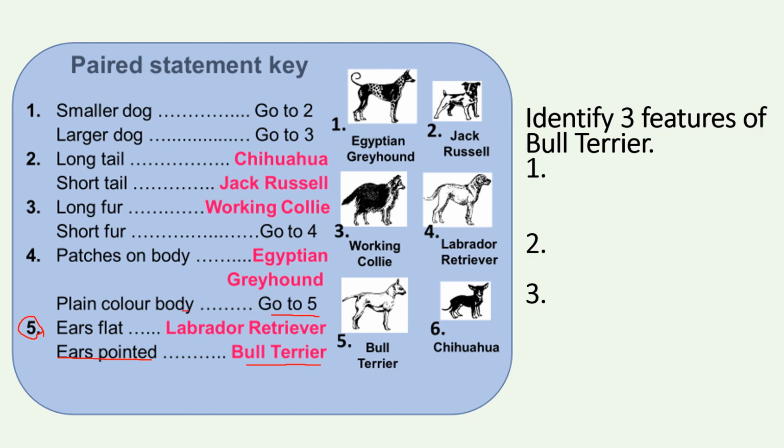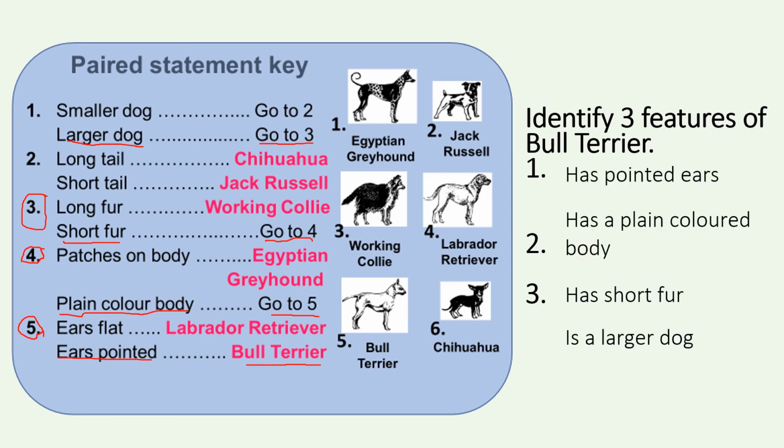So it's got a plain coloured body, and to get there we would have had to have gone to 4. So it also has short fur, and to get there we had to have gone to 3. So it must be a larger dog. So we've got larger dog, short fur, plain coloured body, and pointed ears. So well done if you managed to get that correct.